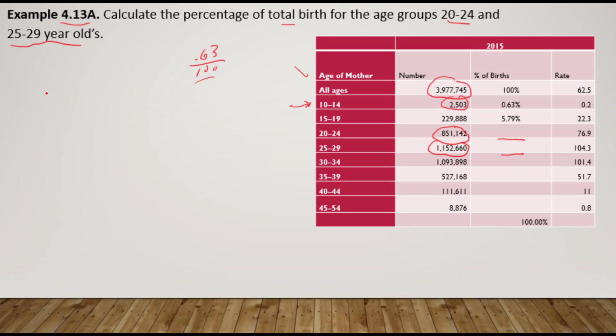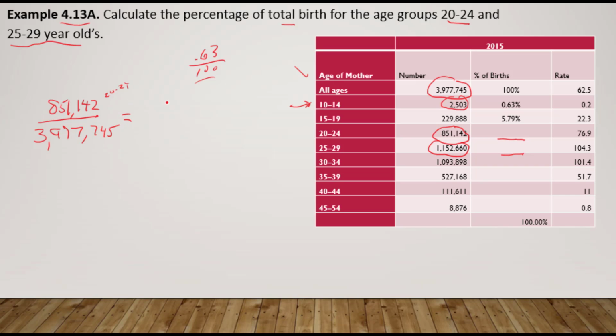For the first one, I'm going to go 851,142. That was births from 20 to 24-year-olds over the total births, which was 3,977,745.